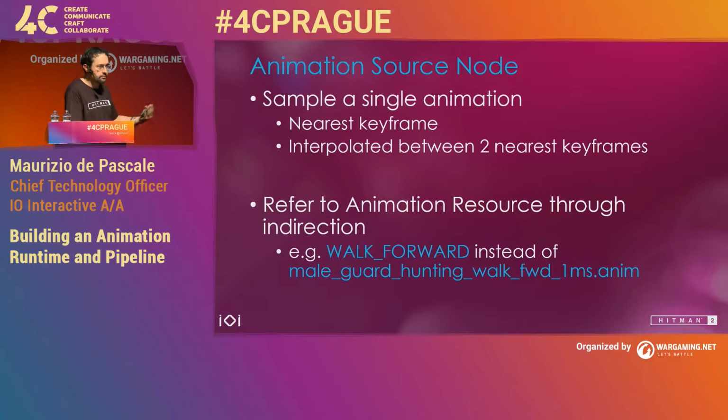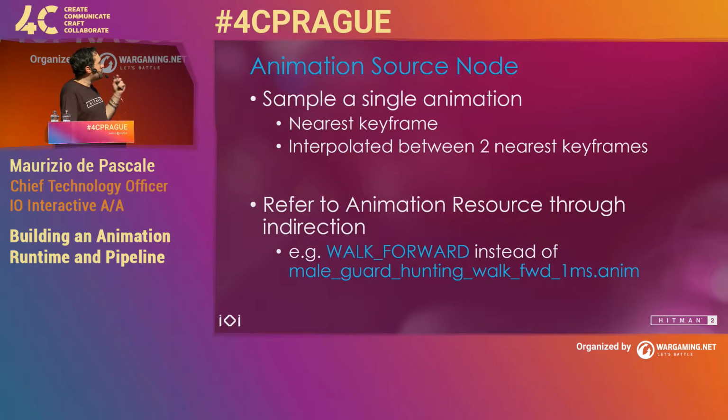You can either be quick, just fetch the keyframe that is closest to your current sampling time, or interpolate between the two closest frames. Especially if you're making a game where you are expecting to slow down time, the second way is definitely the way you want to go. Otherwise, your animation will look jerky once you start slowing down the sampling time.